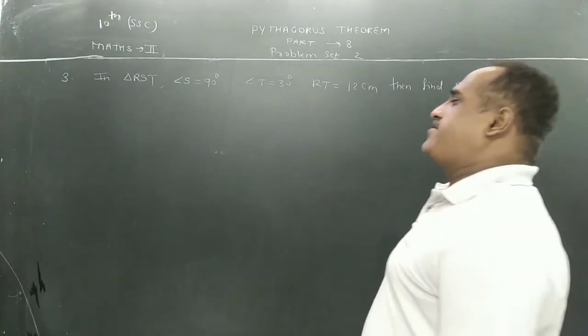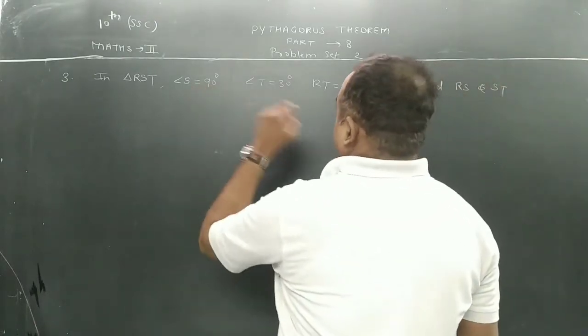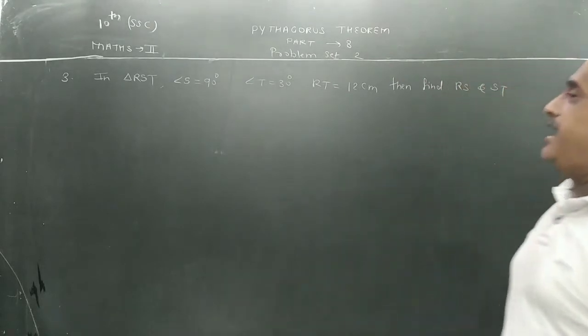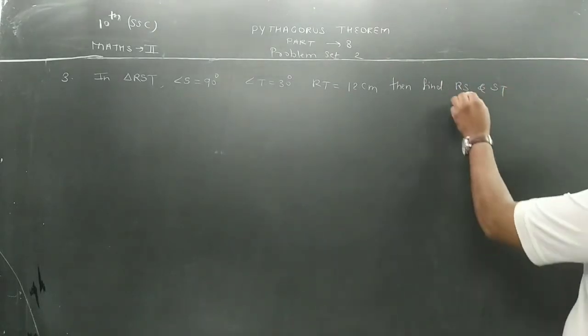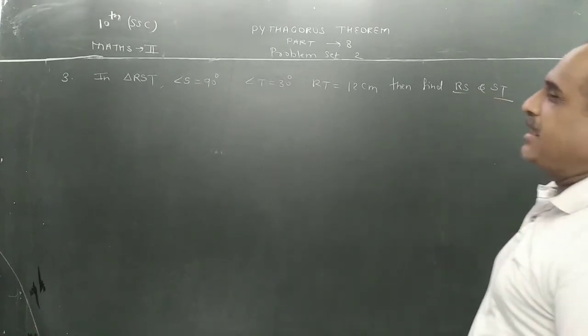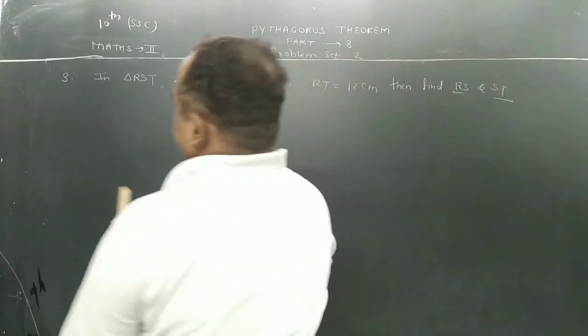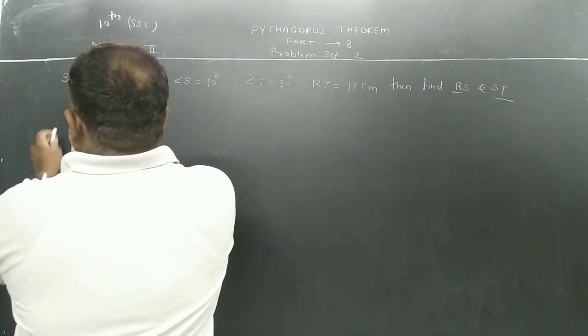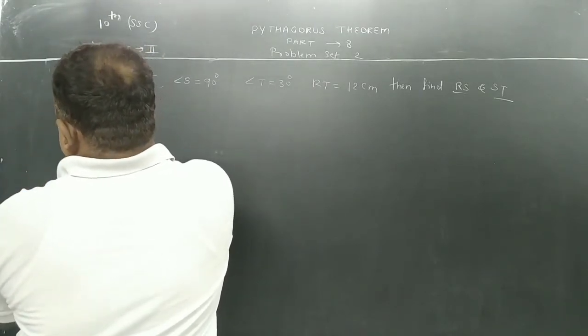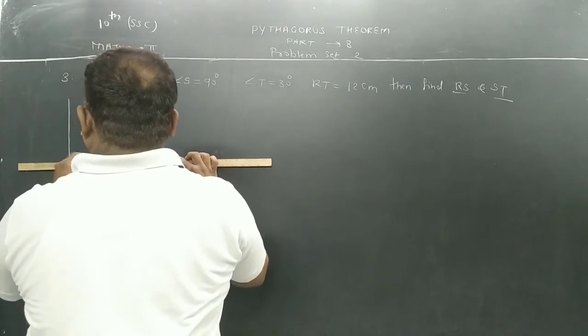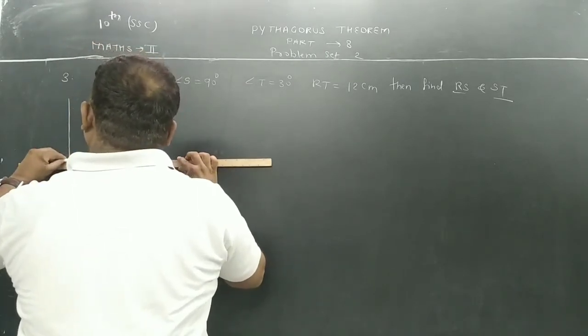Third question is: in triangle RST, angle S is 90 degree, angle T is 30 degree, RT is 12 centimeter, then find RS and ST. So in this question, what are you going to do? We are going to draw one figure of this triangle RST.